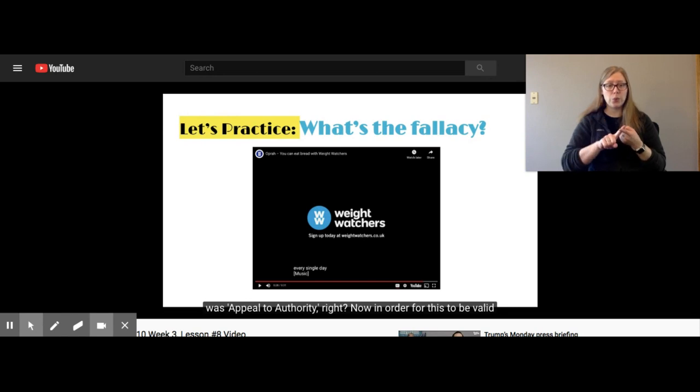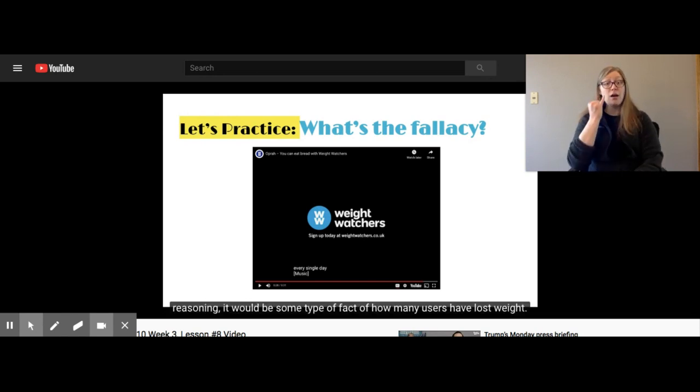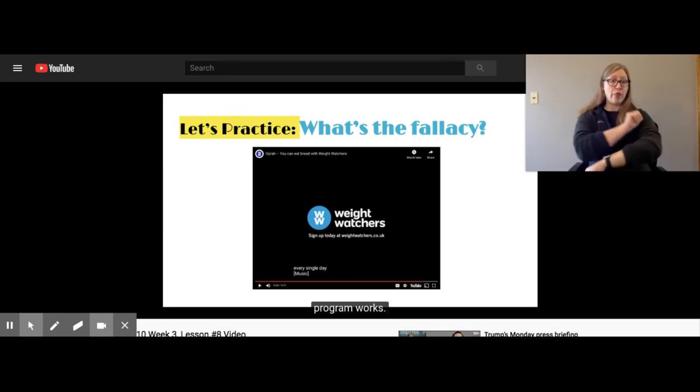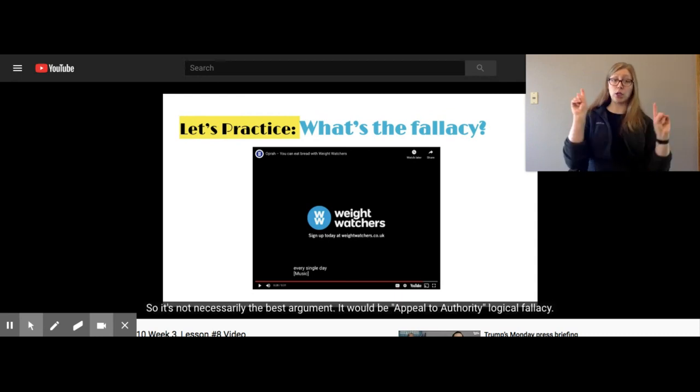Now, in order for this to be valid reasoning, it would be some type of fact of how many users have lost weight. But because she's Oprah, she's using her authority or her status as a celebrity to say that this program works. So it's not necessarily the best argument. It would be appeal to authority, logical fallacy.